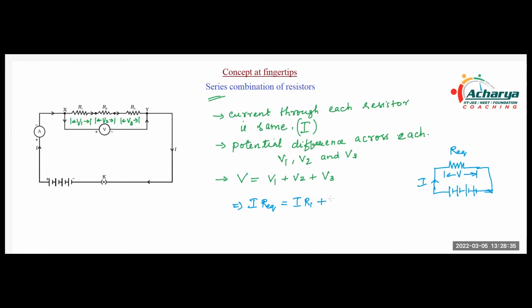Again, V2 is I into R2 and V3 is I into R3. So effectively, by cancelling out I on both sides, we can write R equivalent is equal to R1 plus R2 plus R3.